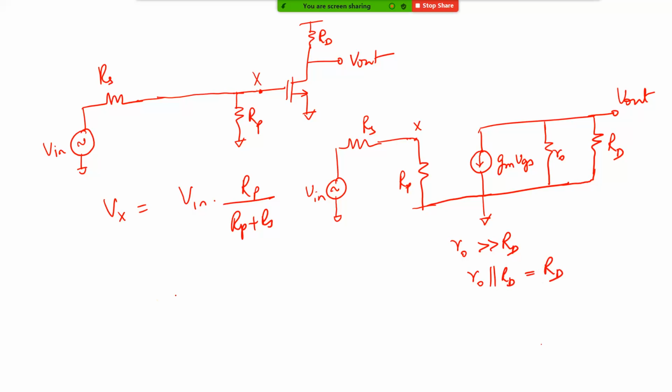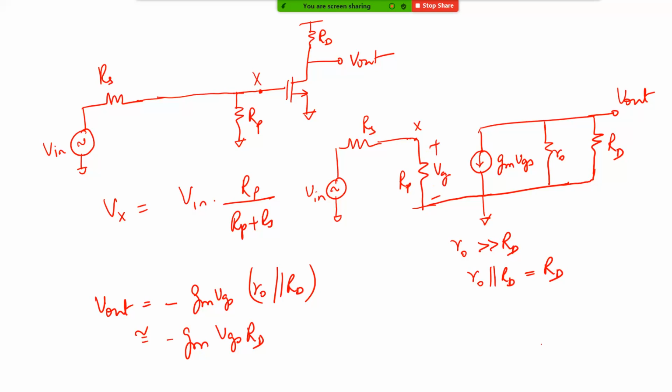So what is V out? There is a current source pulling current through the parallel combination of these two resistors. So V out can be written as minus Gm VGS times R naught parallel to RD, because of the direction of the current, right? And this can be written as minus Gm VGS RD, approximately. Now what is VGS? Vx is nothing but VGS, right?